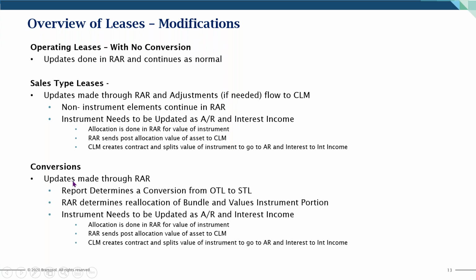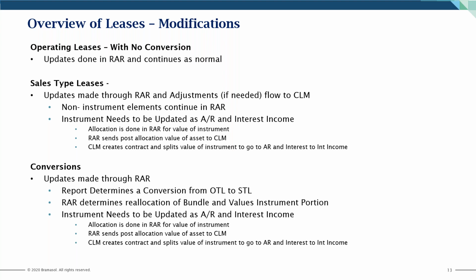But what happens now in the case where we have an operating lease and the operating lease becomes a sales type lease? We're going to make some updates through RAR. We're going to do some reporting. Let's take a look at how that might look, because what needs to happen now is you're taking what was an asset on your books and changing it to something that's being transferred to the customer.